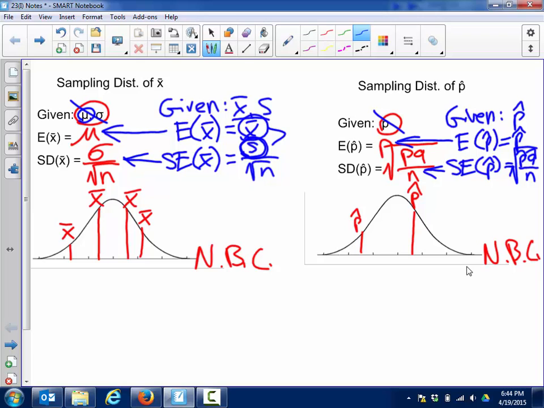Good question for dairy farmers. Something that's really hard to pinpoint, but we can take samples and know from our samples the sample proportions of people who drink milk. Okay, so the best guess we have for how another sample proportion would behave would be just like the sample proportion that we have to begin with. All right, that's our estimate. That blue arrow indicates we're estimating the expected value of p hat with our sample.